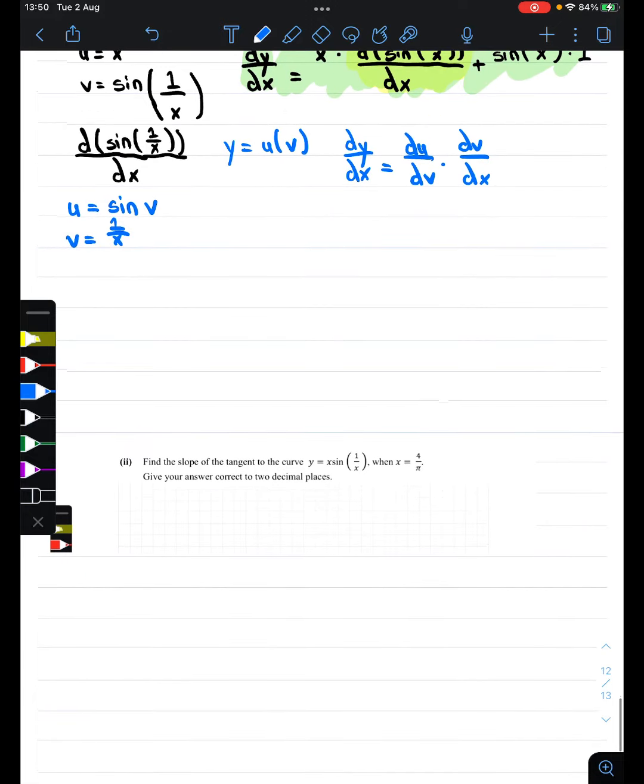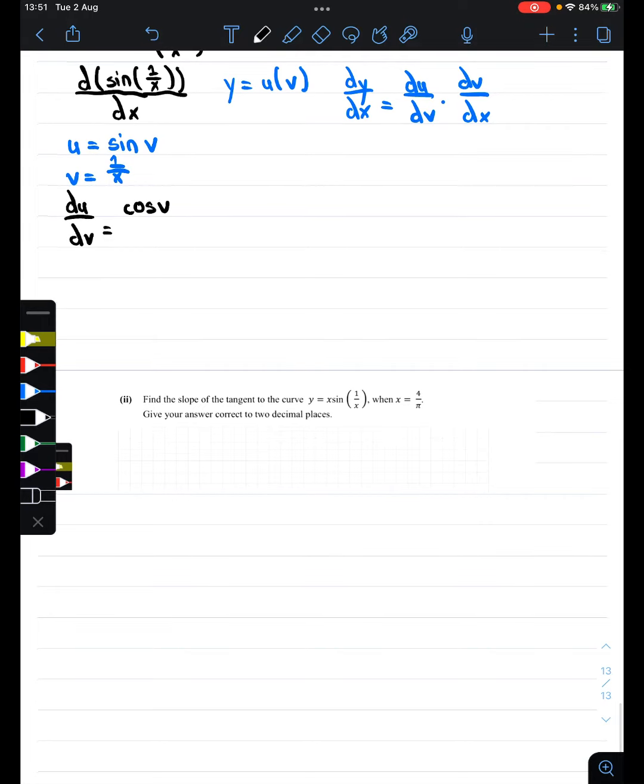Okay, so we want to find the derivative of u with respect to v. So du/dv is the derivative of sine of v, which is just cosine of v. And then the derivative of v with respect to x: 1 over x is x to the minus 1, and we have our rule, the derivative of x to the n is n times x to the n minus 1.